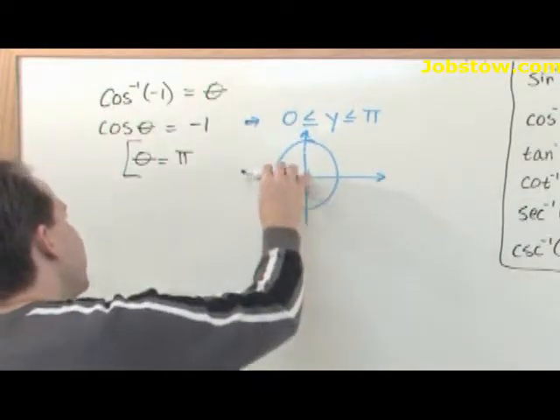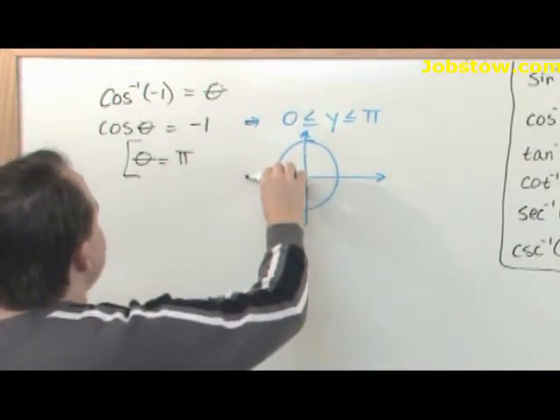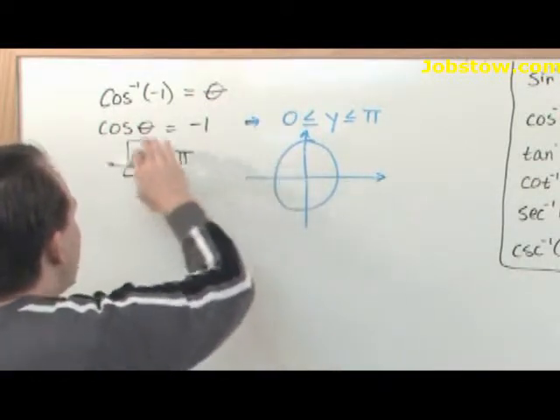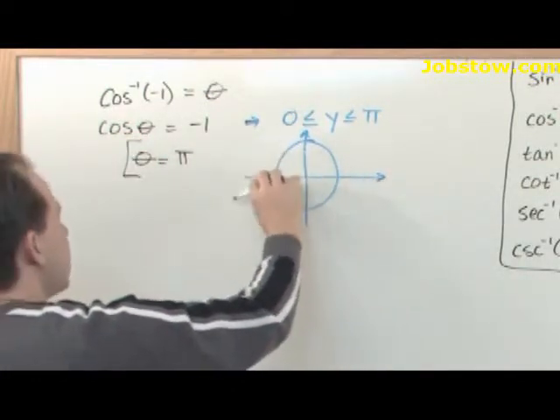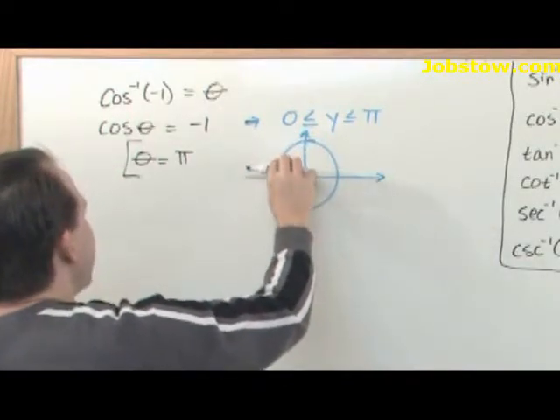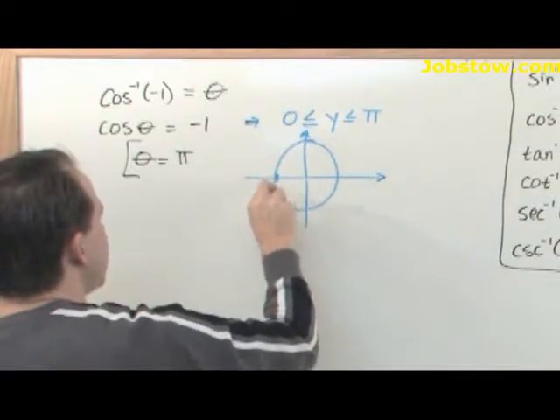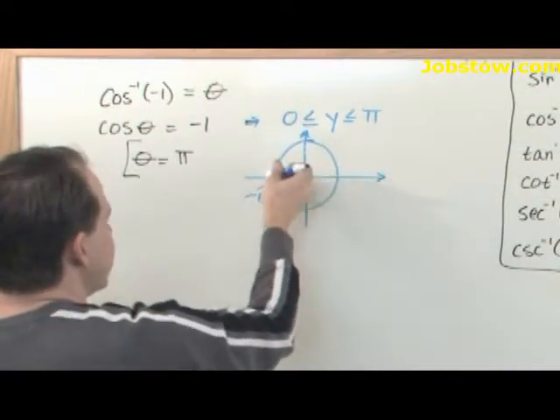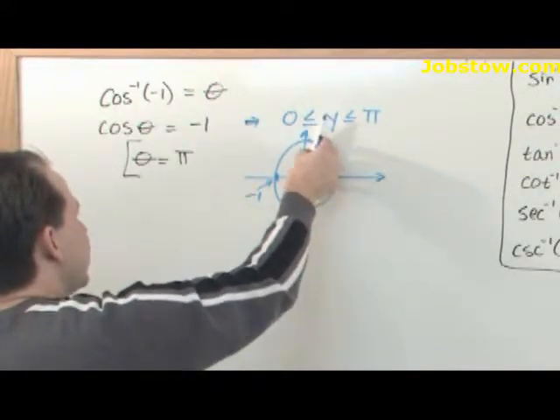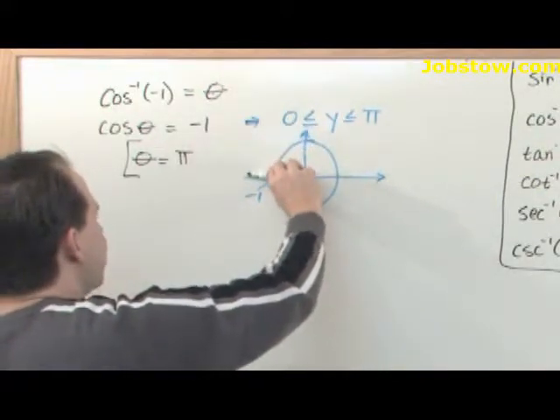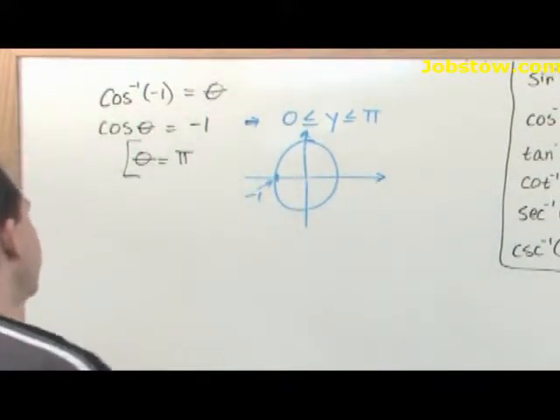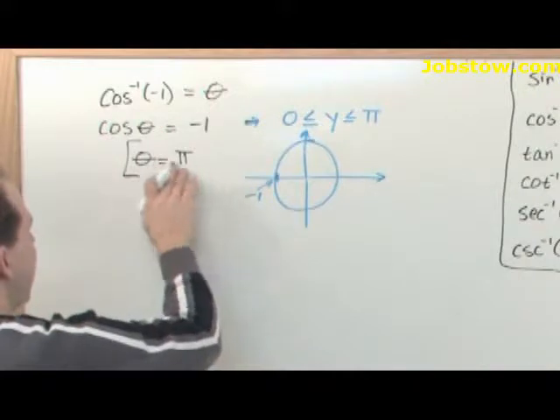So over here at pi radians, if I take the cosine of pi radians, and cosine is the projection of my little line that I'm moving around onto the x-axis, then it's going to be projected over here to -1, because this is +1 and this is -1. So as I move my unit circle radius over to pi radians, the projection to the x-axis is going to be -1. That's why I said the angle has to be pi.